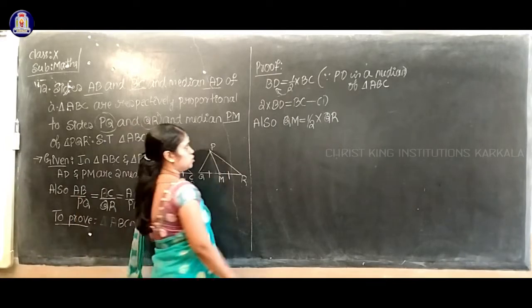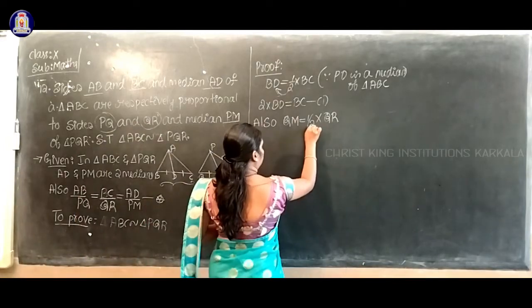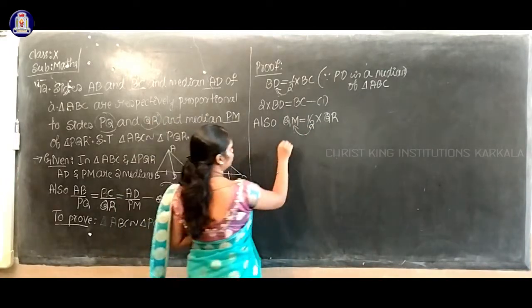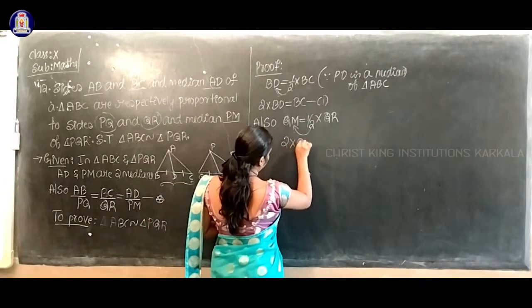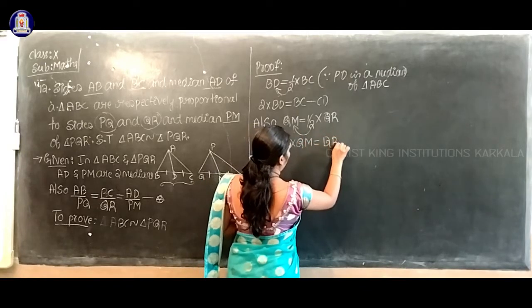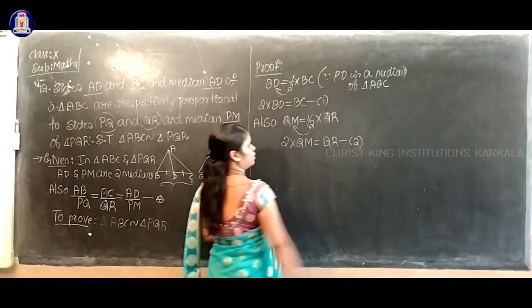Now if you multiply this 2 with QM, what you will get? 2 into QM equal to QR. Consider it as equation number 2.